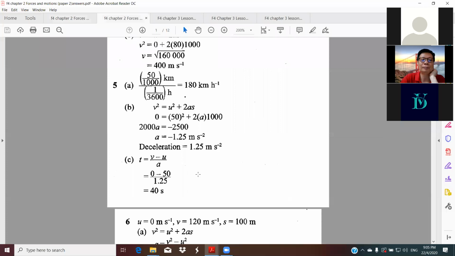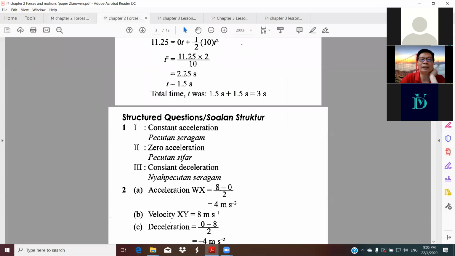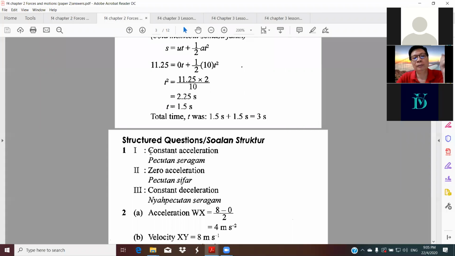I think some of you already know the answer. First one, constant acceleration, or we say velocity increases. The second one, the horizontal one, is zero acceleration.